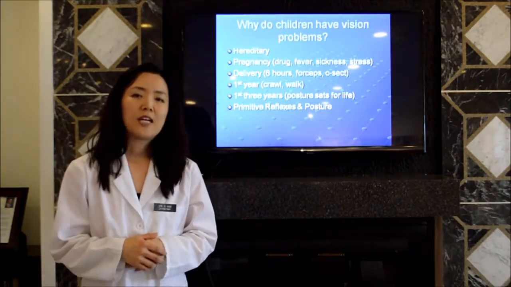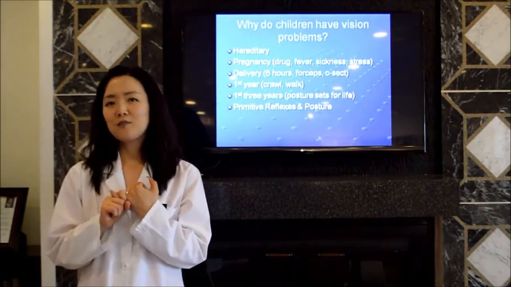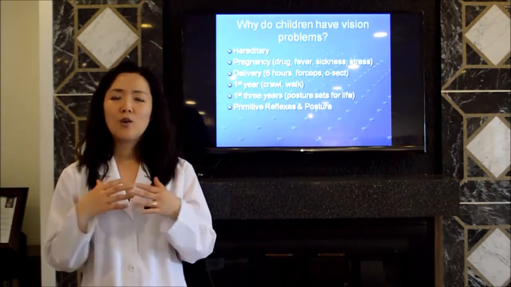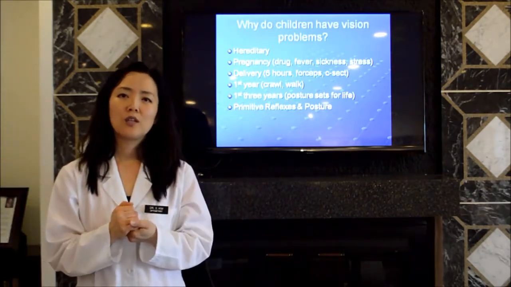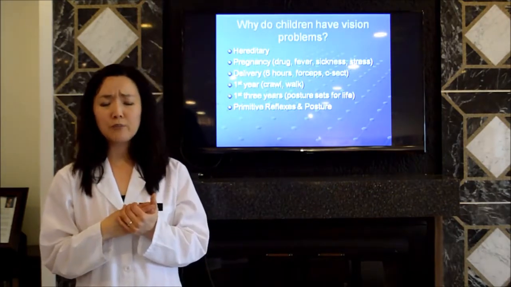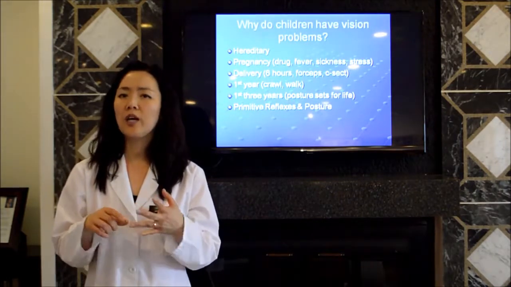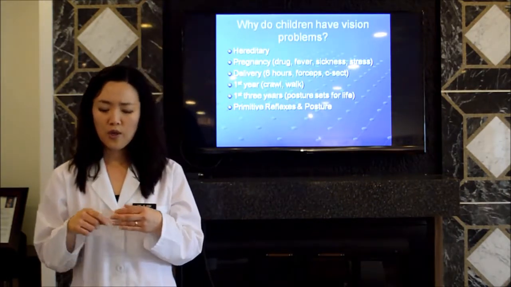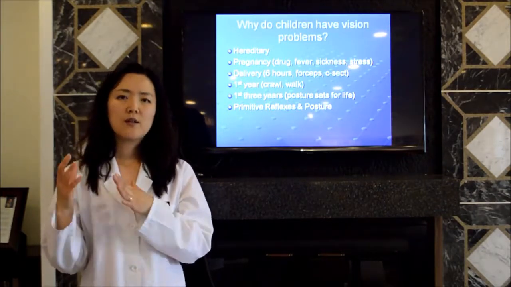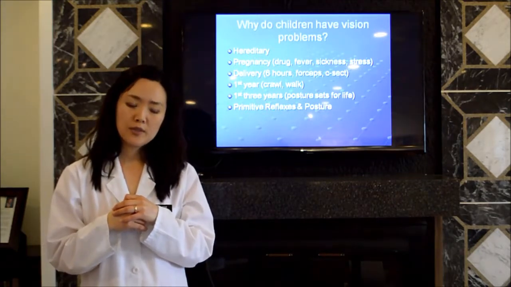So people often ask me, why do children have vision problems? First, hereditary issues, definitely there. They're born with your genes, but with the environment matching up with their genes, it's going to surface. And during pregnancy, if the mother was sick and needed to take some medications, or had high fever or high stress, it could cause some disorganization in their brain and their visual system.